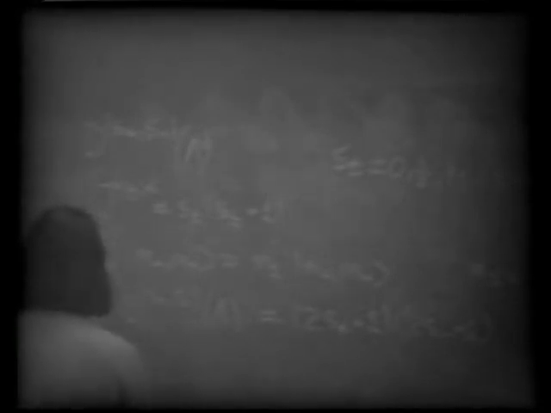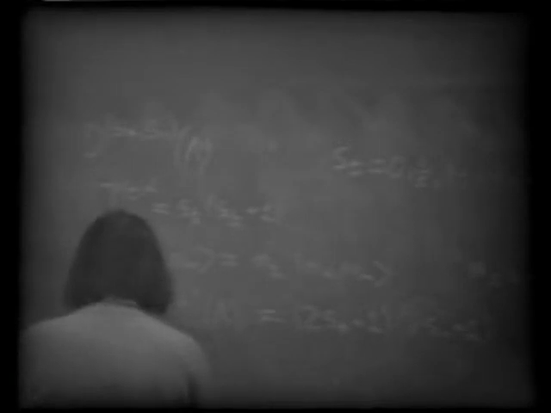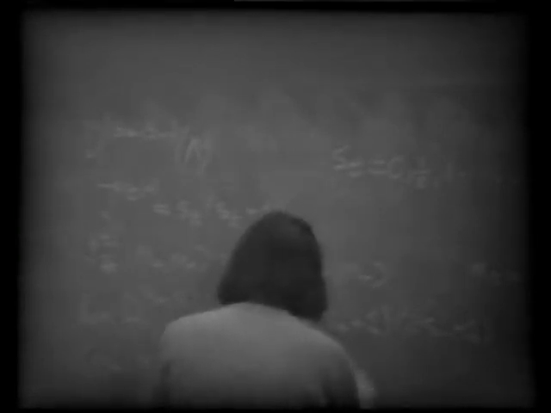To make things even more explicit, I'll write down an equation: m plus prime, m minus prime, J plus, m plus, m minus.